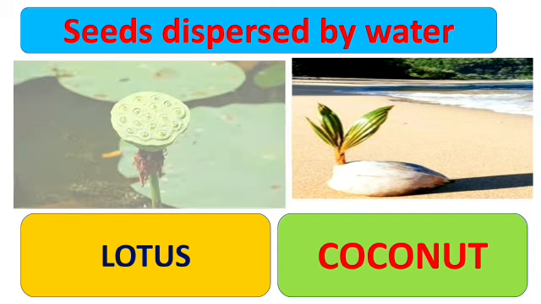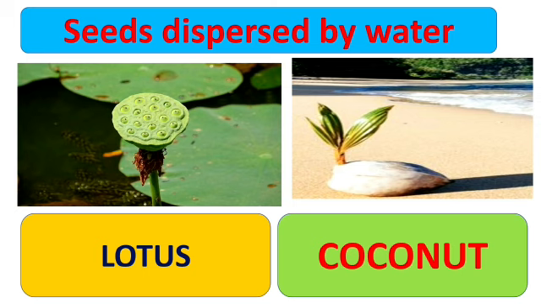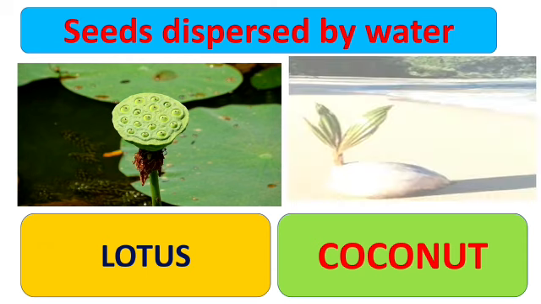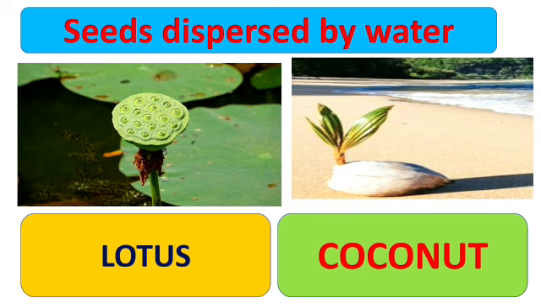That lotus has a fruit and it is a very spongy fruit. So because of that, it floats on water. Now see the next picture of a coconut which has already germinated.